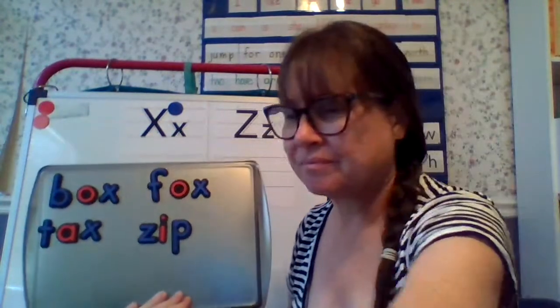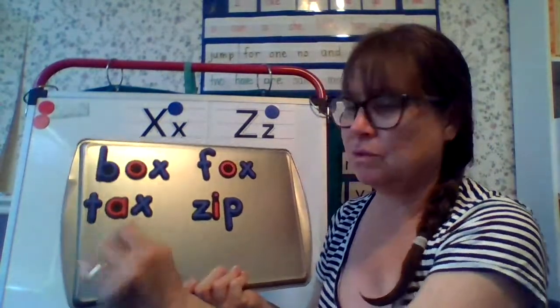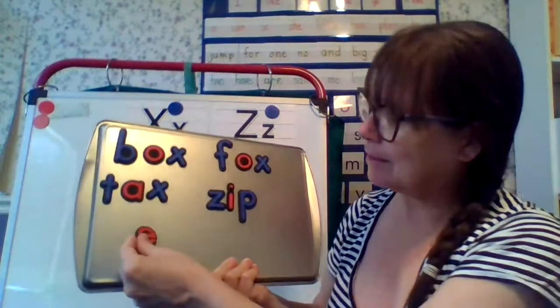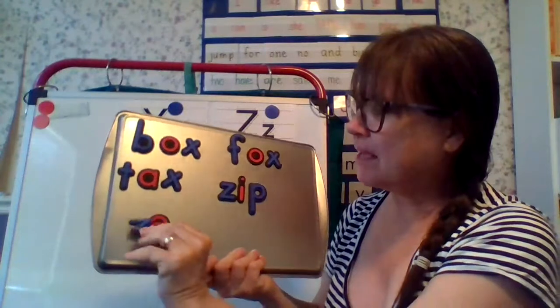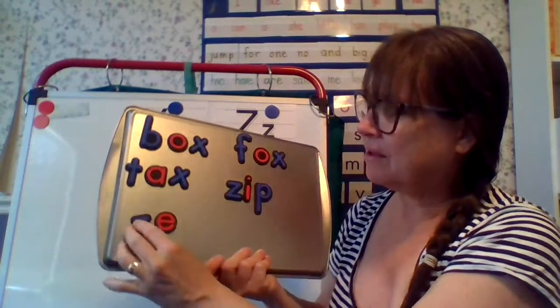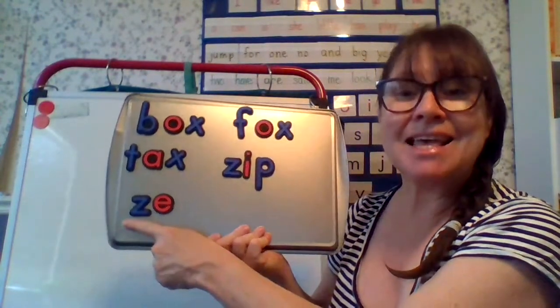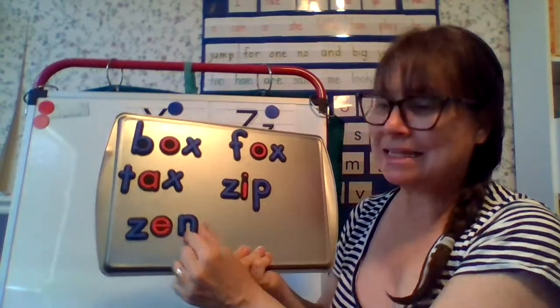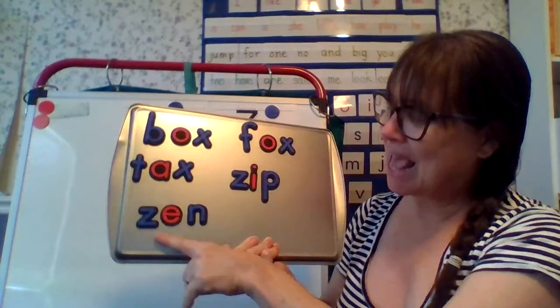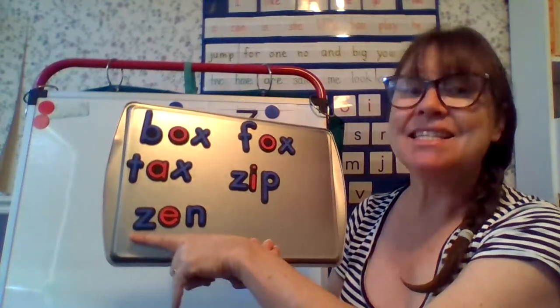Zip. Oopsie, start with the vowel. There we go. What sound? Eh. I'm going to add my Z on there. Blend the two sounds. Z. N. Zen. What's that word? Zen.